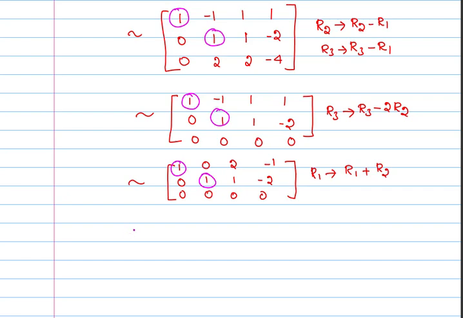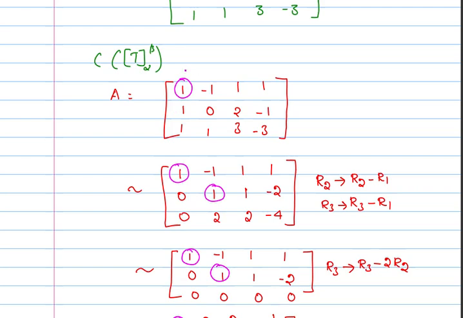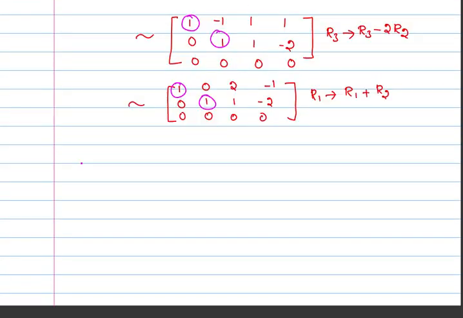So what does the column space mean? We take the corresponding original columns. So this is the column C1, C2, which are the basis of the column space. So the basis of the column space is 1, 1, 1.